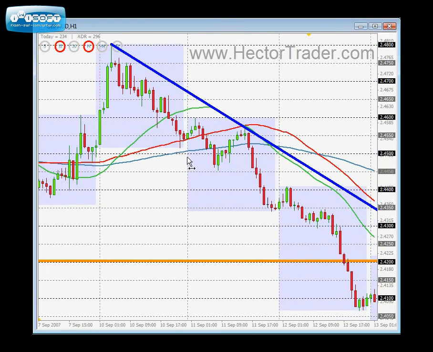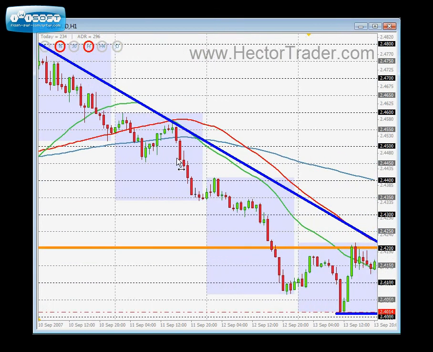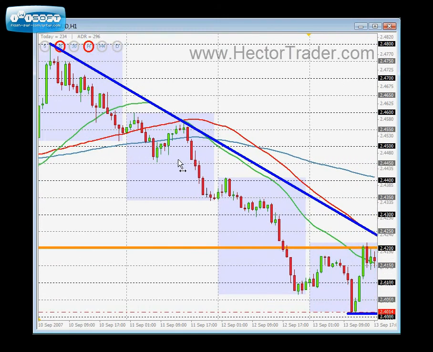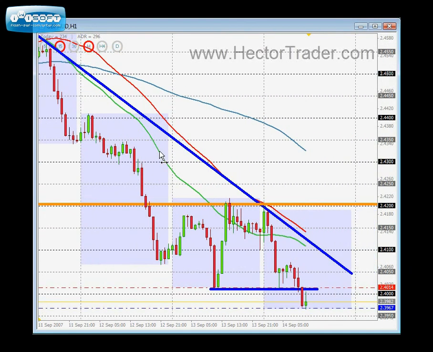As we can see, we have a clear downtrend. This is now the GBP against Australian dollar 1 hour time frame. We can clearly see that downtrend with beautiful moving average formation.